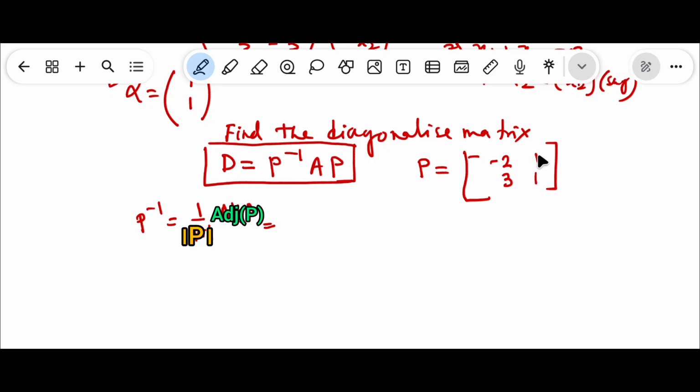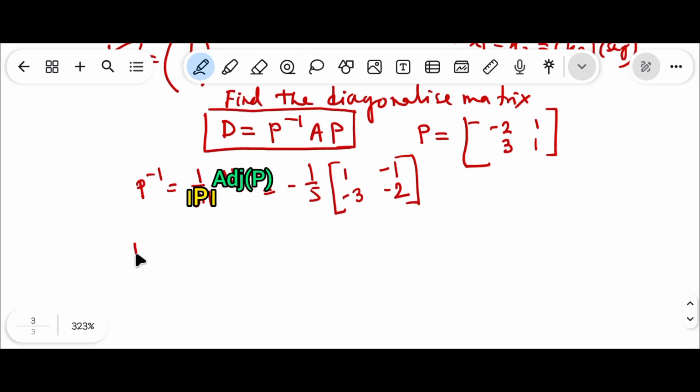It is minus 2 minus 3, that is minus 5, so minus 1 by 5. Then adjoint, for a 2 cross 2 matrix, we know how to find it. Just exchange the diagonal elements, so 1 and minus 2, and change the sign of the other elements, so minus 3 and minus 1.